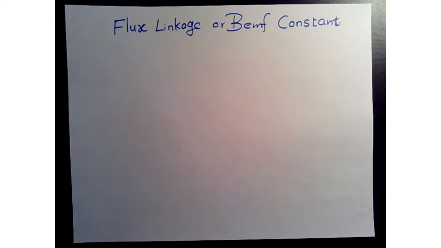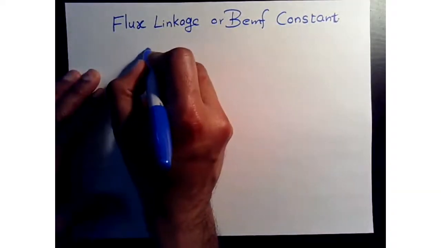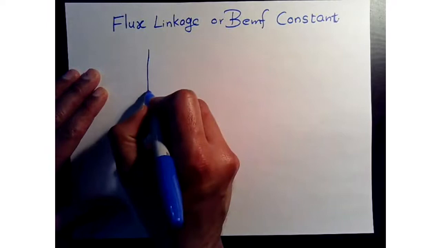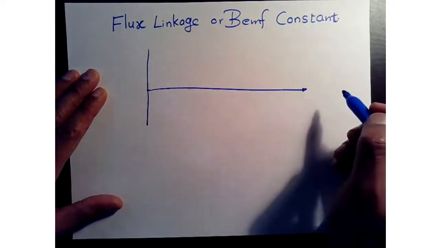But how about this? We spin the motor at a known speed, okay? And then once the motor is spinning, what can we see across the phases? Exactly, back EMF, right? So similar to the previous case, if you can spin the motor maybe at the rated speed, we can measure the line-to-line voltage.